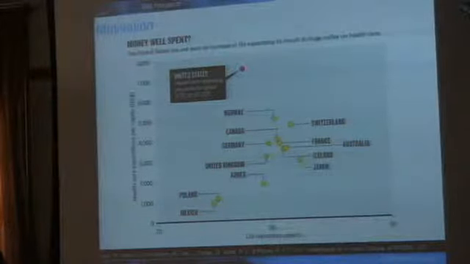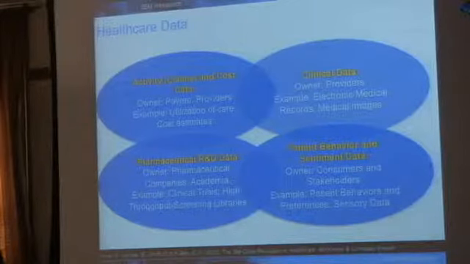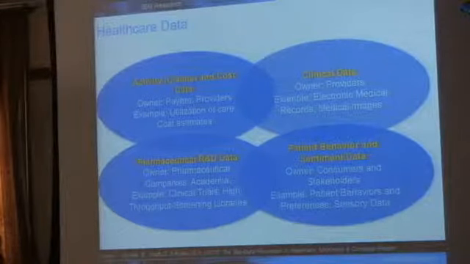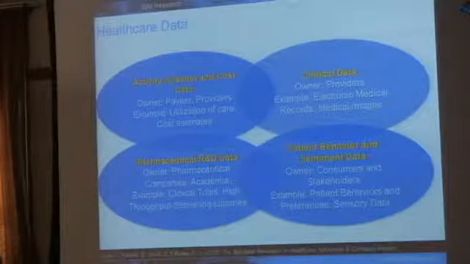And one important step is how can we effectively utilize the available healthcare data nowadays. So what kind of healthcare data do we have? We have a lot of different types of data. For example, we have activity and cost data, clinical data, pharmaceutical data, and patient behavior sentiment data.